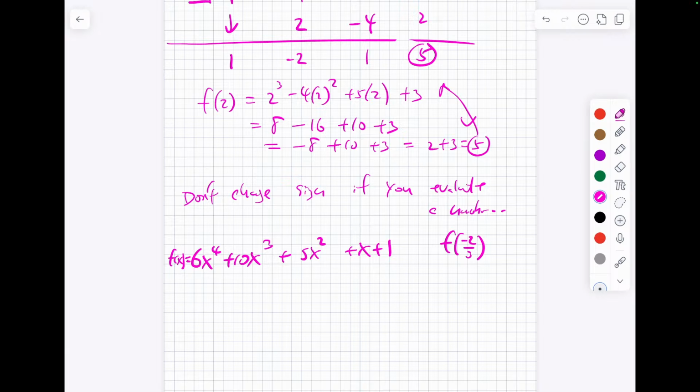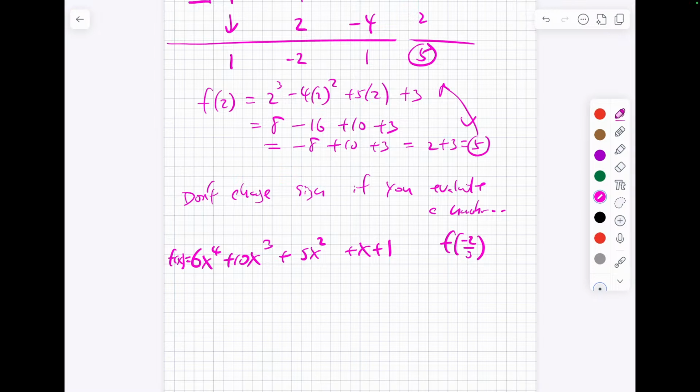Imagine that you want to plug negative 2/3 into this equation. You think how painful that's going to be. But try with synthetic division. You might find it a lot easier. A lot easier, believe it or not. You just have to know how to multiply fractions, which most of you should be able to do. Supposedly.